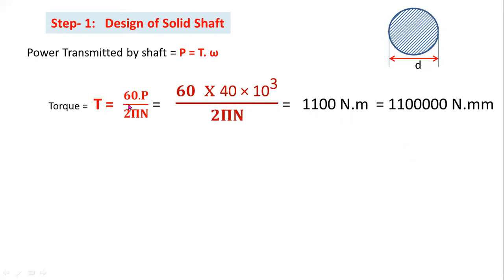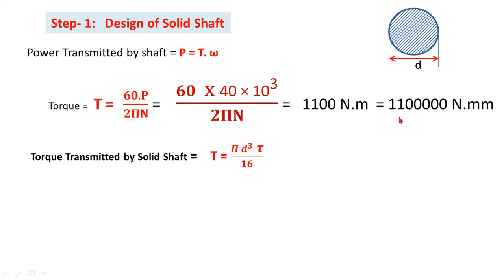Here the power is in Newton meter per second, so the torque is also in Newton meter. After that you have to convert meter into mm. 1 meter equals 1000 mm, so 1100 into 1000 Newton mm. This is the mean torque.